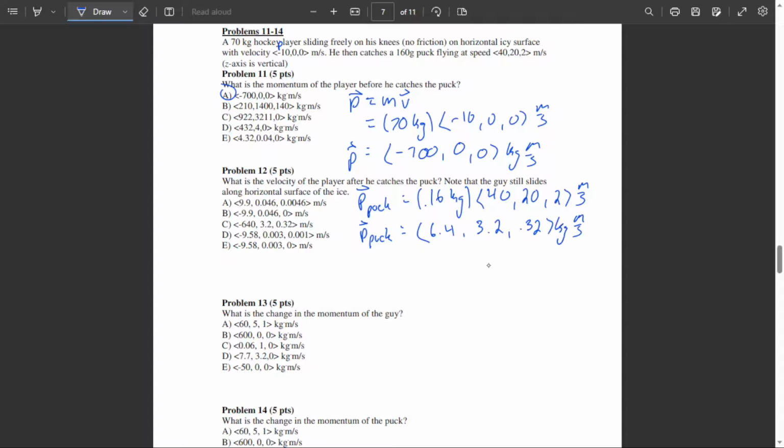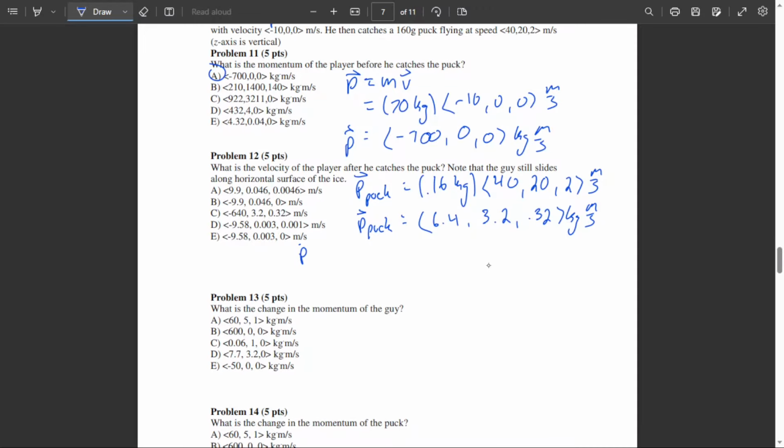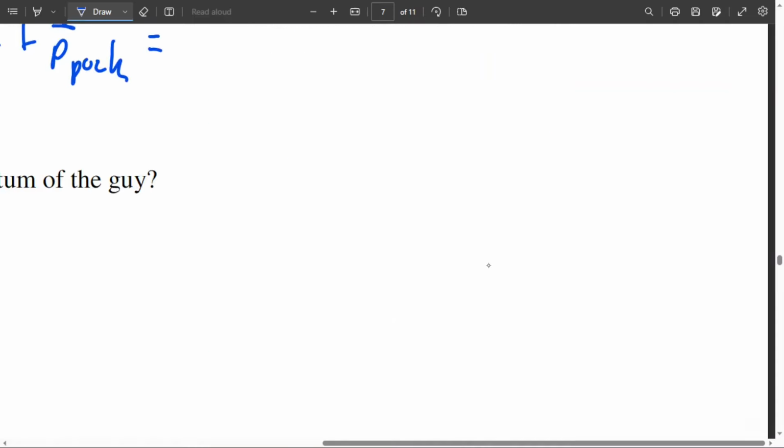Alright, next we add together the momentum of the player and the momentum of the puck. So that would give us, let's see here, minus 700 plus 6.4.